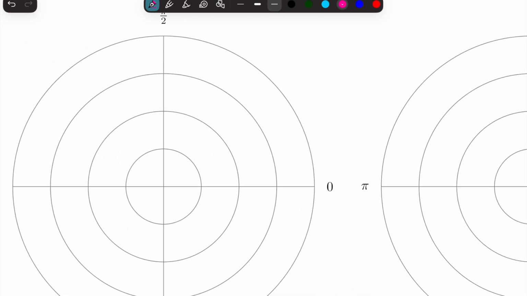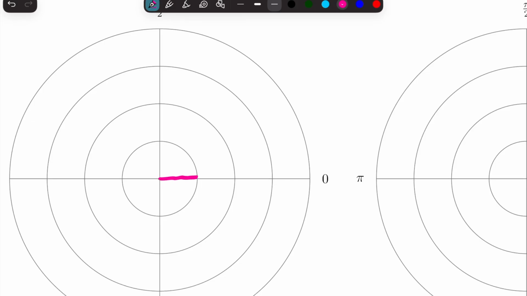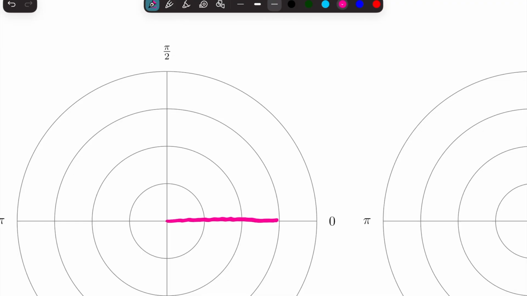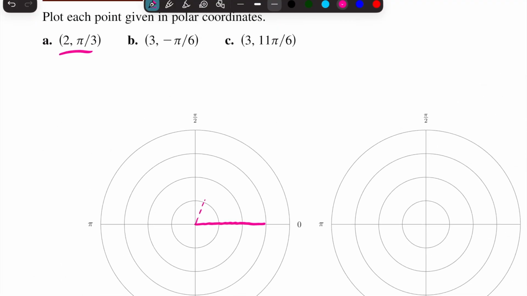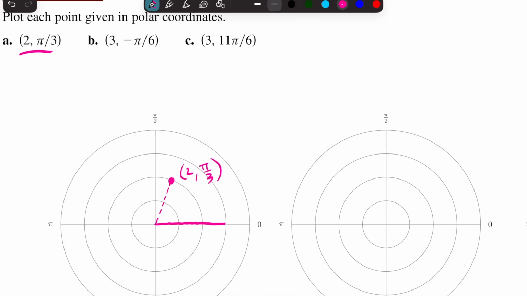So from the positive x-axis, we'll measure off an angle of pi over 3. Well, that's pretty close to pi over 2. It's in this direction. All right, and now I want to go out a distance of 2 units. So I'm going to go to the second concentric circle, and there is the point 2 comma pi over 3. Okay, that dashed line doesn't really exist. That's just, I'm showing how to count off the radius. So we're really just graphing a single point in the coordinate plane.